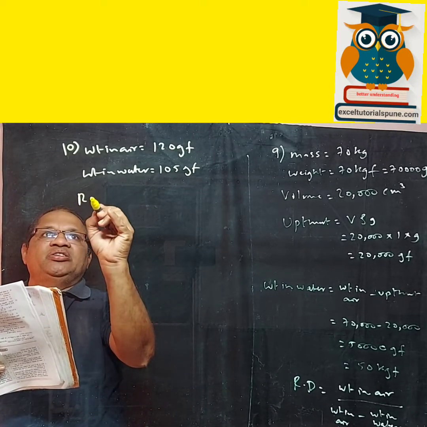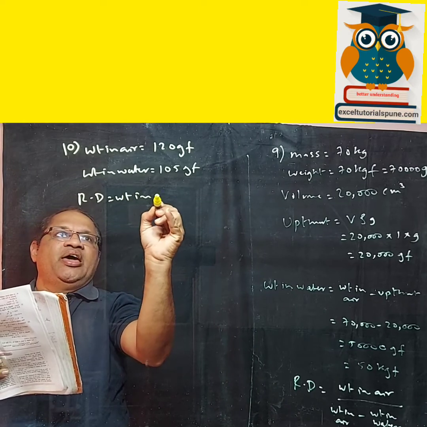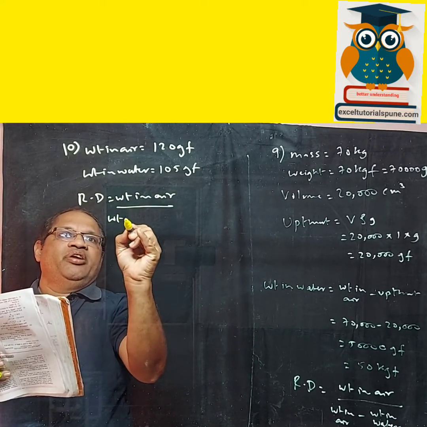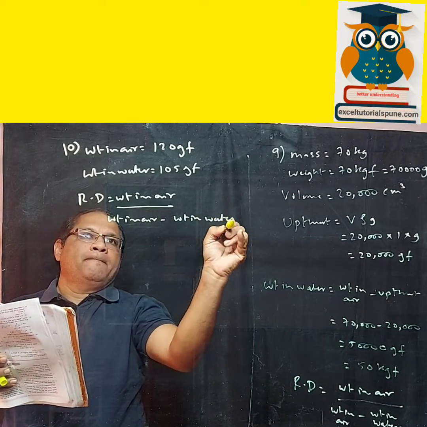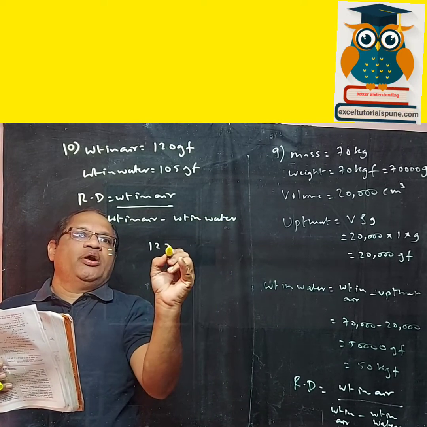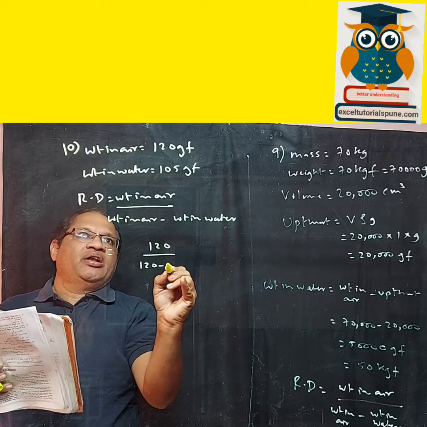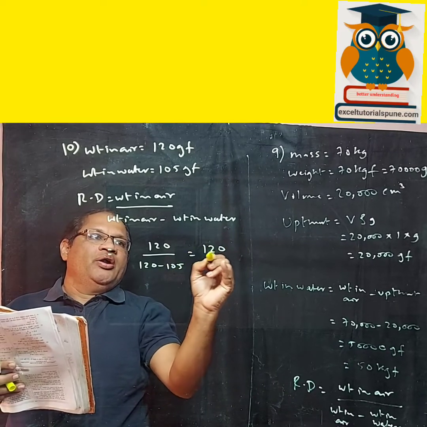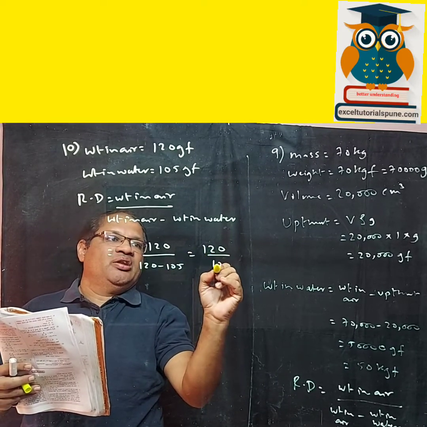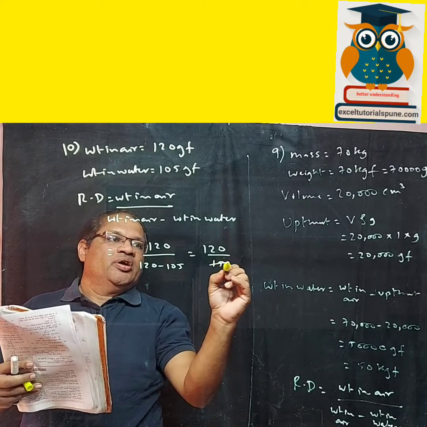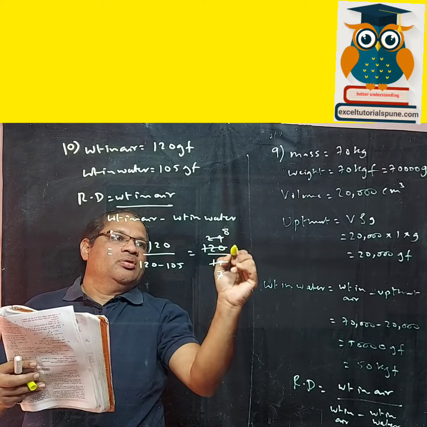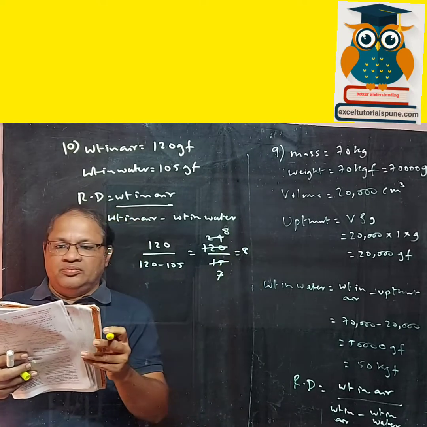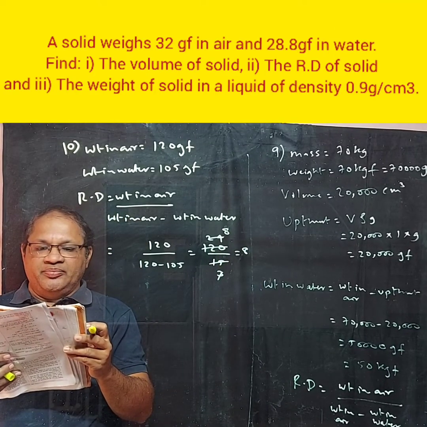Now relative density is equal to weight in air upon weight in air minus weight in water. So weight in air is 120 upon 120 minus 105, 120 upon 15. So the answer is 8.